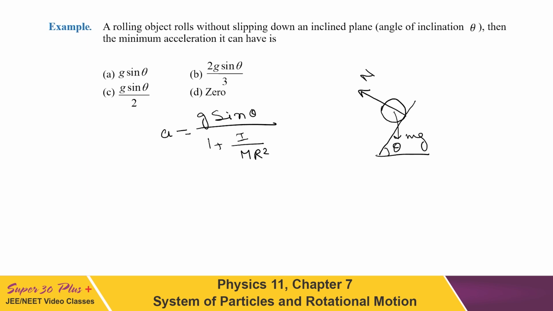And if a is minimum, then I has to be maximum. So minimum acceleration has a condition that I has to be maximum. Now I will be maximum only for the rolling object that is of the shape of a ring. So for ring we can write I max, which will have value mr square. So if we put mr square in the above expression, a will come out to be g sin theta upon 2, which is our option number C.